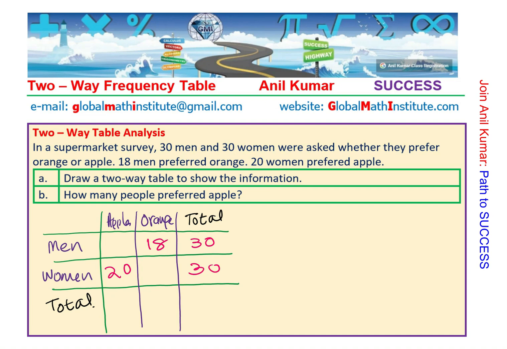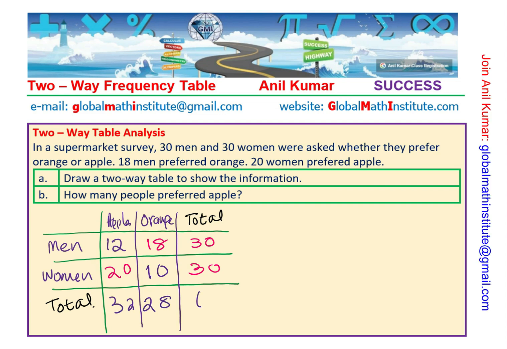It becomes a two-way frequency table, giving us the numbers. Now, let's write down the missing numbers. From 30, we take away 18, and what we get here is 12. And if I take away 20, I get 10. Grand totals: 32, 28, 60. You can check: 32, 28, 60.